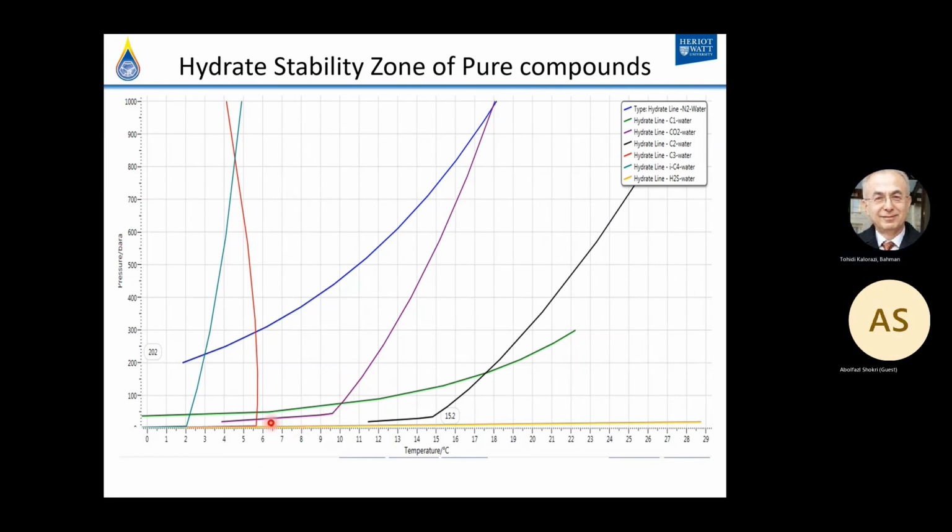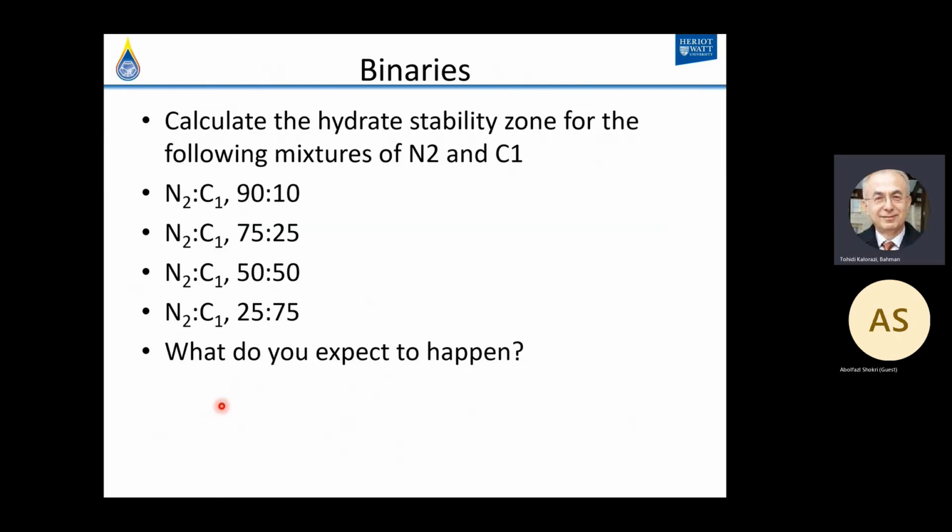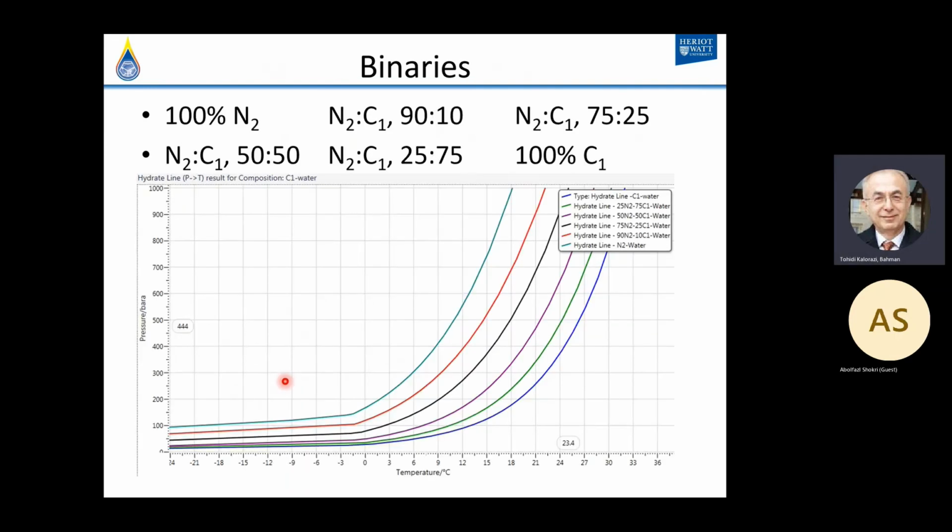The question is, what will happen if we have a mixture? Here is an example: nitrogen and methane 90-10, nitrogen and methane 75 nitrogen, 25 methane, 50-50, and here 25-75. What is expected to happen?